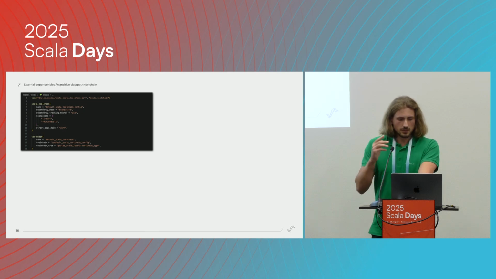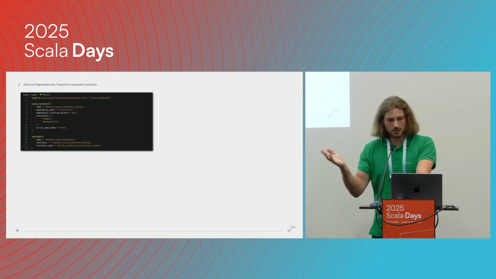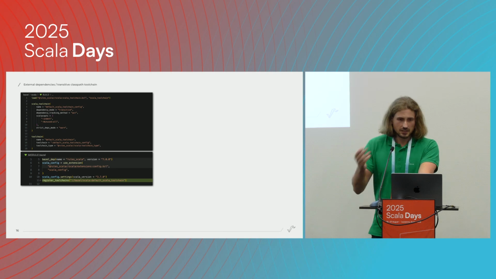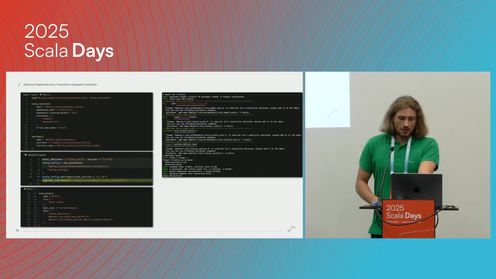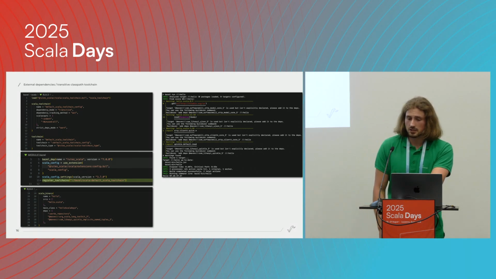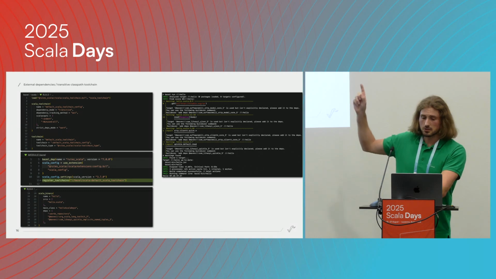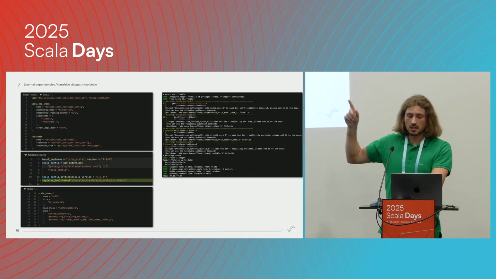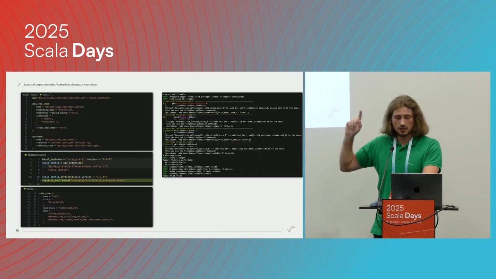We can define the generic toolchain, link it, and then we need to register it. And now our original Scala binary target successfully compiles, and thanks to our strict dependencies mode, we can see warnings for every single usage of an external library that is not explicitly added.